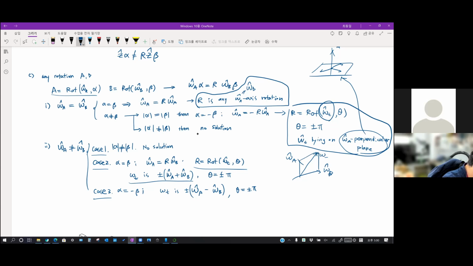By using this omega t, we rotate plus or minus pi. So this becomes the R rotation.